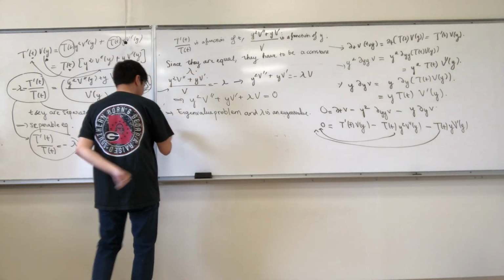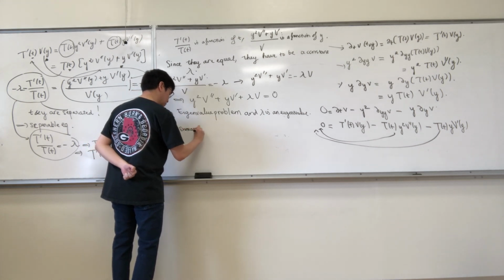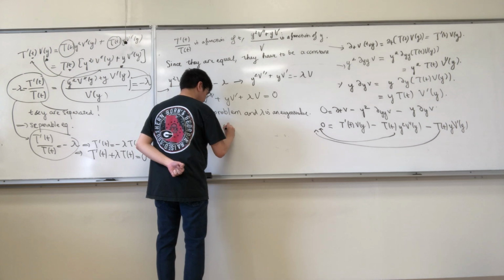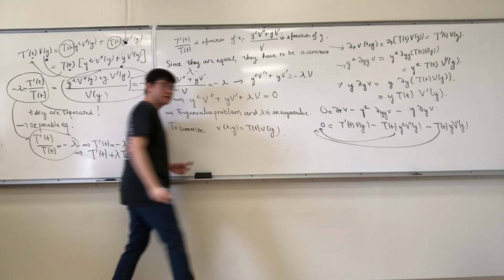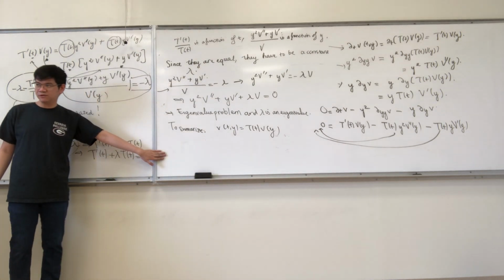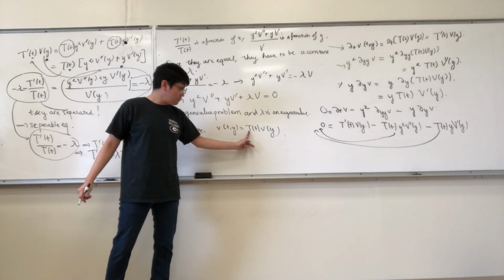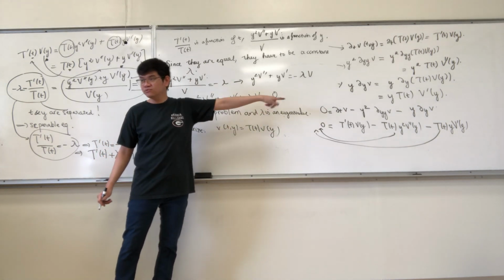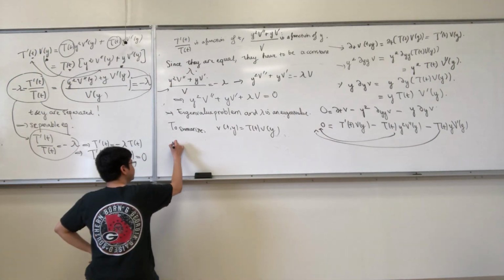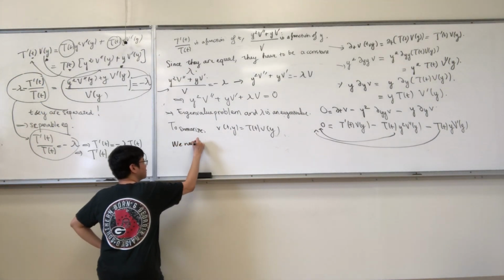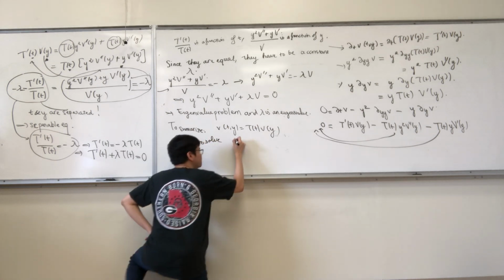So to summarize, you do v(t, y) to be T(t) V(y). All right? So the first thing that you try is to separate variables. So you define v(t, y) to be T of t times V of y. After you do this, we need to solve the eigenvalue problem.